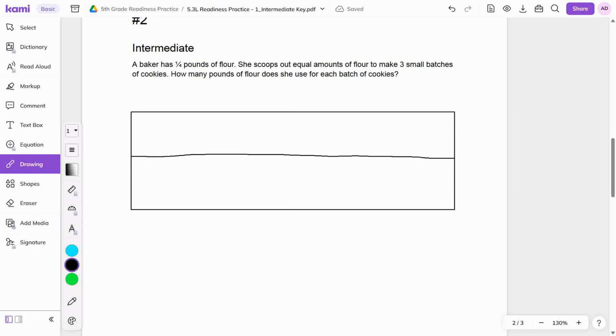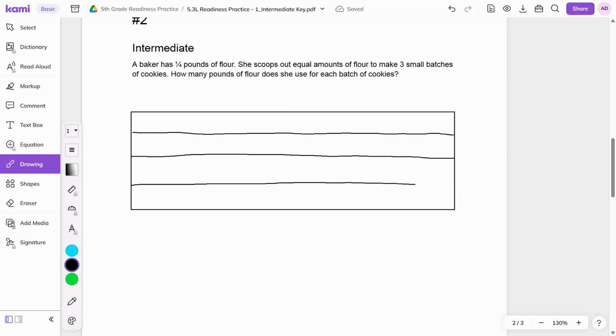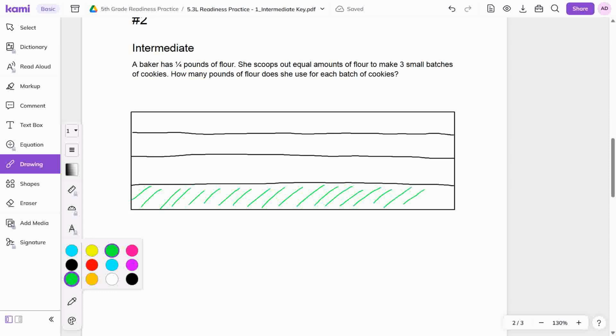So what I want to do is cut it in half, and then I'm going to cut each half in half. All right, so here is my 1/4 that I can actually use. If the whole rectangle is my 1 pound, I'm going to say this is my 1/4.